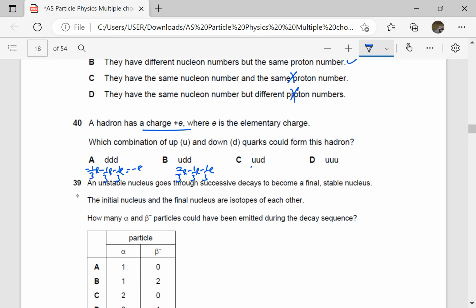Up, up, down is 2 over 3e plus 2 over 3e minus 1 over 3e, because down is negative 1 over 3e. This gives us positive e. Up, up, up is 2 over 3e plus 2 over 3e plus 2 over 3e, which gives us positive 2e, because that is 6e over 3, which is positive 2e. So the answer is going to be C. The charge is positive e.